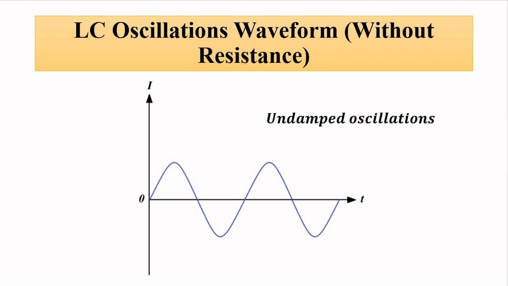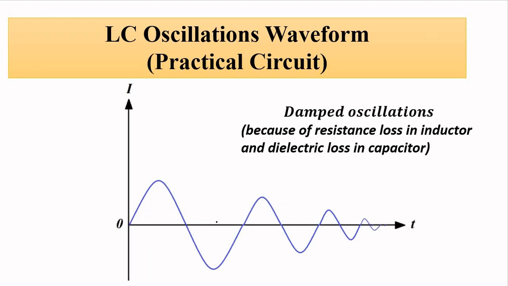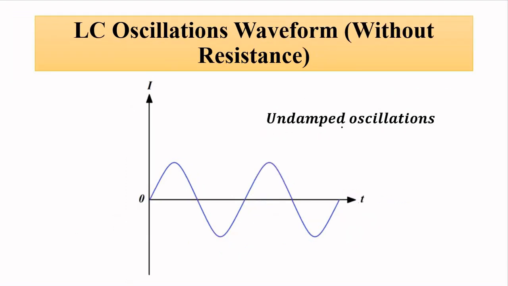But for practical purposes, there is some resistance attached, so because of the resistive loss in the inductor and some kind of dielectric loss in the capacitor, the amplitude of the oscillations goes on decreasing with time. So this is called damped oscillations, and the other is called undamped oscillations.